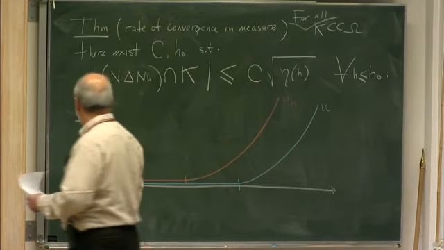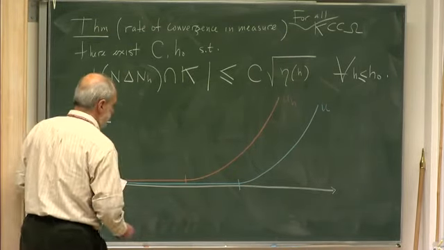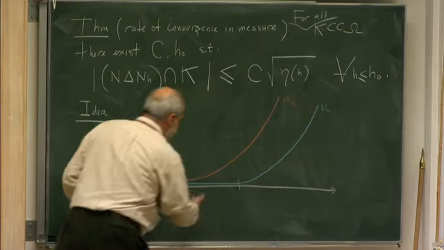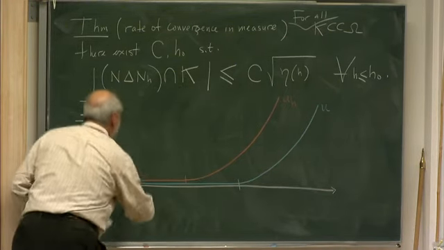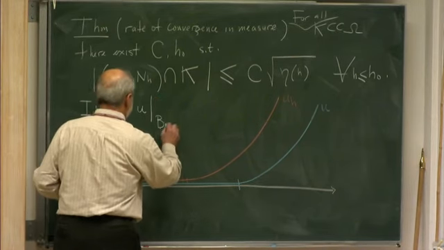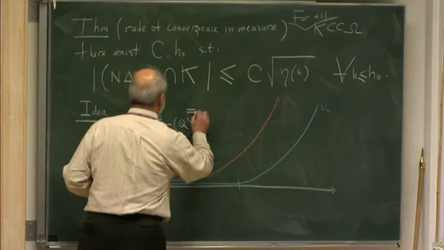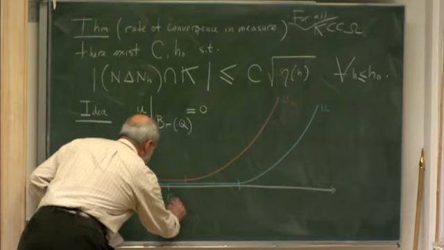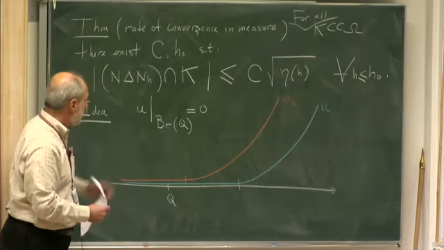Okay? Now suppose that we take a point on the set where the function u is 0. So I take a point here, q, and I have a ball where the function u vanishes.